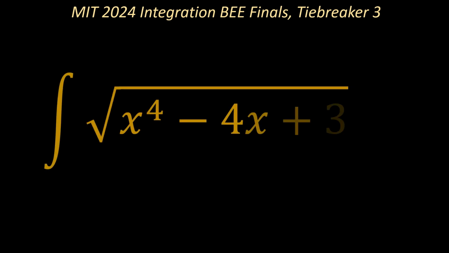The answer is essentially 2 root 2 plus root 3 minus 5, times pi. That is the answer that was provided in Number 3 of the MIT 2020 Integration Bee finals, the indefinite integral of the square root of x to the power 4 minus 4x plus 3, into the solution.